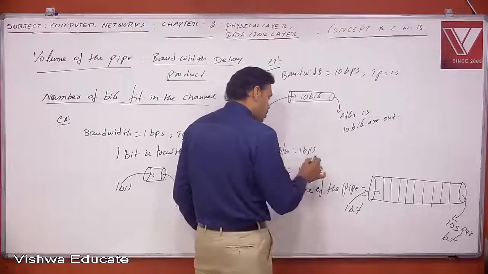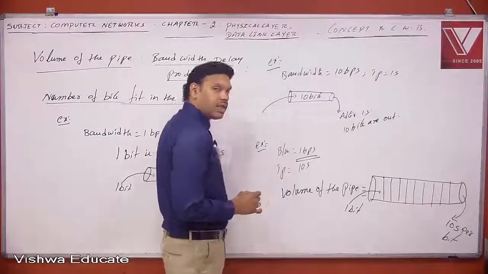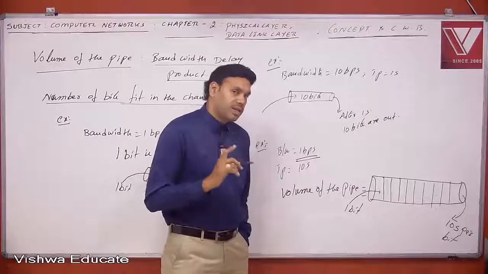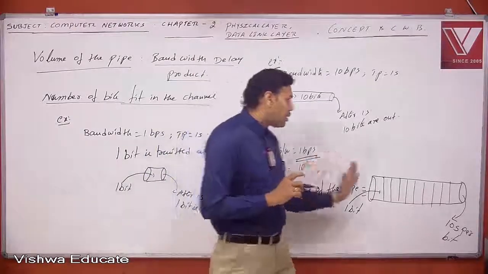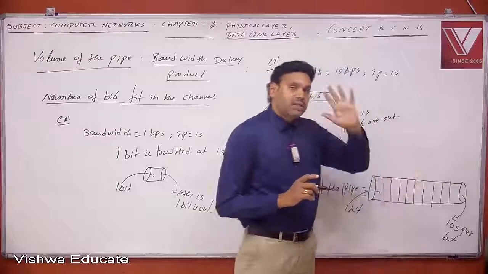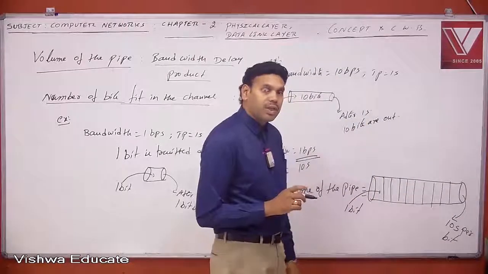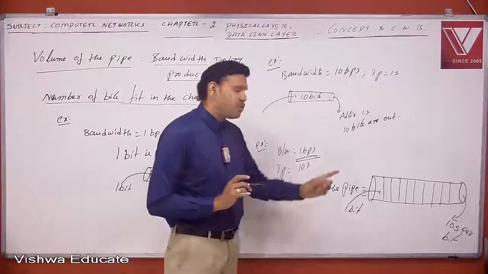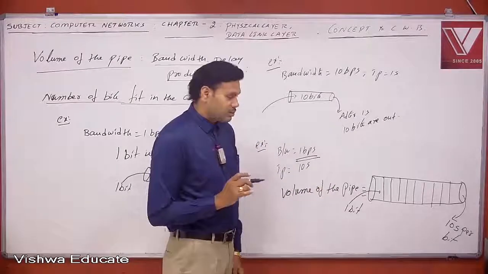During this, if you observe carefully, the sender capacity is 1 bit for every second. But that bit is moving. It takes 10 seconds to come out of the channel. In the meanwhile, the sender is not idle. He will keep on sending data.